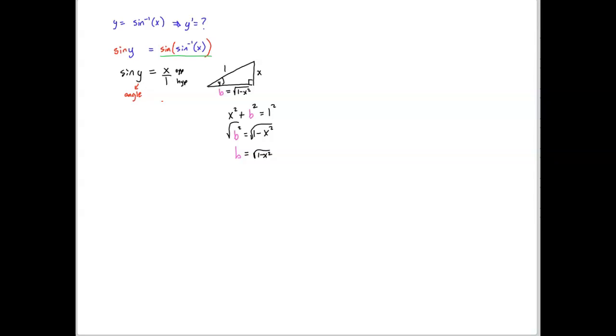Okay, so we're going to be using that triangle in a moment, but I'm going to go back to the equation where sine y equals x. Now, I want to remind you what we're looking for is y prime. So I'm going to use implicit differentiation here. I'm going to rewrite sine y as sine of f of x equals x. And then I'm going to take the derivative on both sides with respect to x.